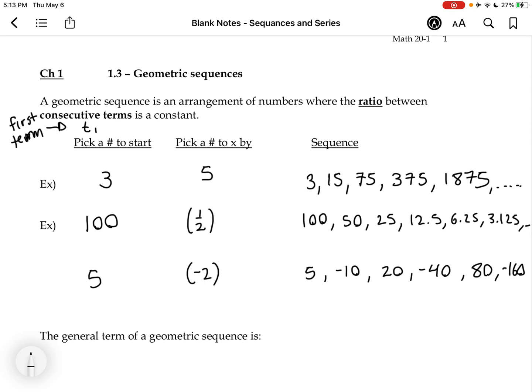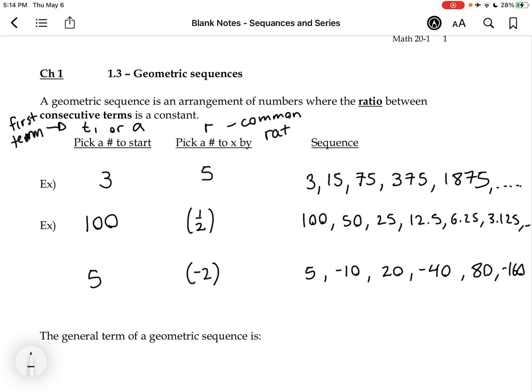It's often also called, and you'll see this on formula sheets, or in other courses, sometimes called A. And I don't think I mentioned this when I talked about arithmetic sequences, but in an arithmetic sequence, the first term is also sometimes called A. And then the number that you multiply by each time is called R. And R stands for the common ratio.